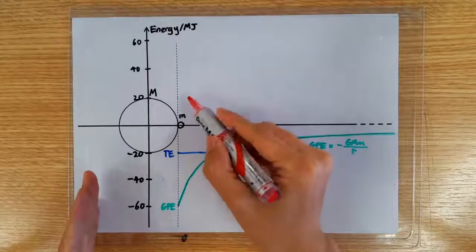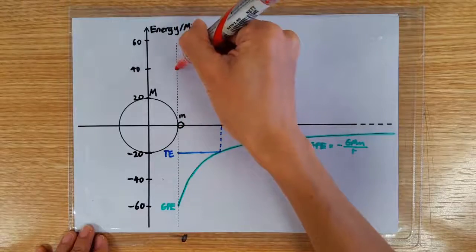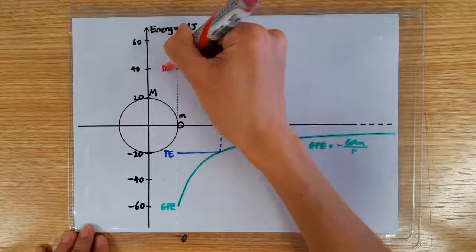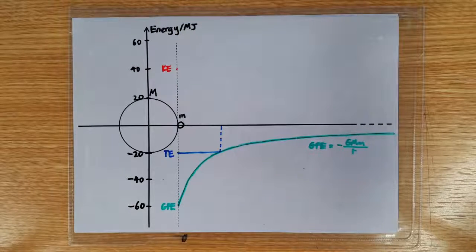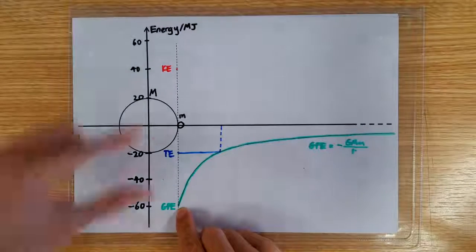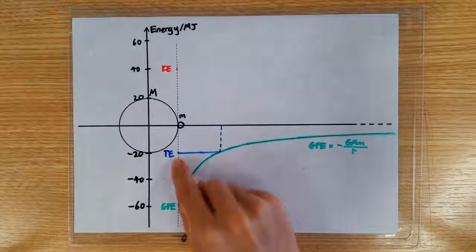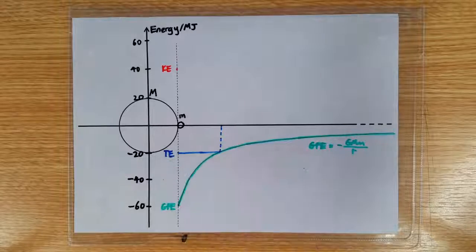We can also sketch the KE graph of the mass. The mass must have started its journey with a KE of 40 megajoules. This is because negative 60 megajoules of GPE plus the 40 megajoules of KE will give us the negative 20 megajoules of total energy.